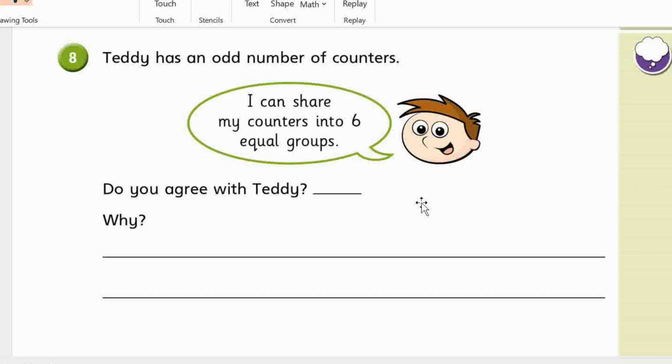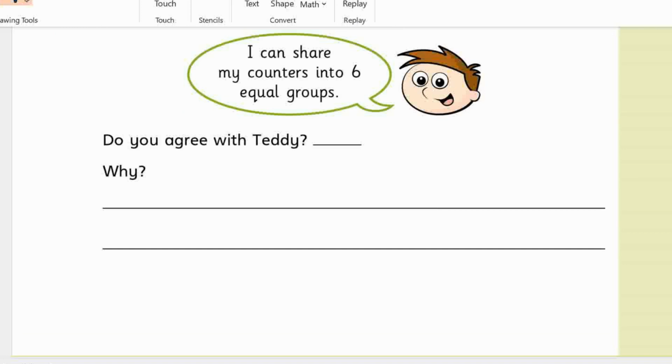Okay, so let's quickly do the 6 times table. We'll go all the way up to 12, I think. So 1 times 6 is 6. 2 times 6? 12. 3 times 6? 4 times 6? 5 times 6? Good. 6 times 6? 7 times 6?